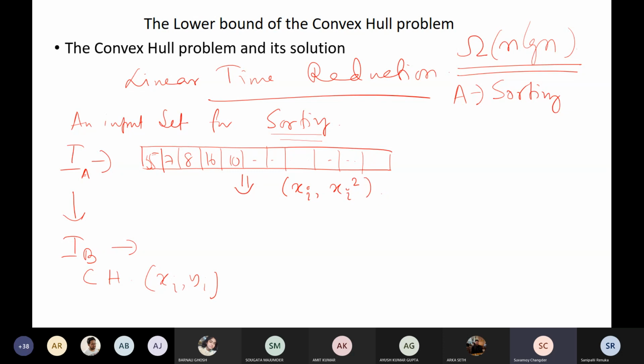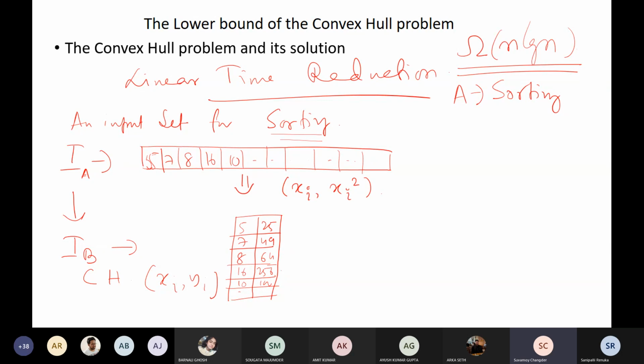We can do this. So that means this array can be converted as a set of points. So this is 5, this is 25, this is 7, this is 49, this is 8, this is 64, this is 16, this may be 256, I don't know. This is 10, this is 100, and so on.